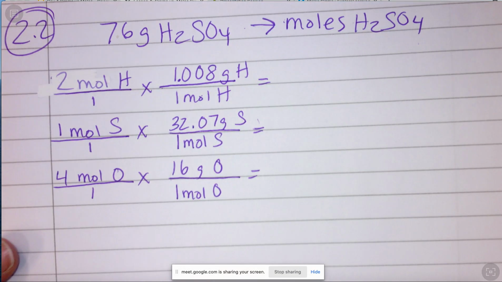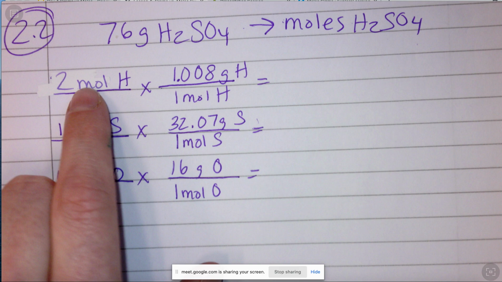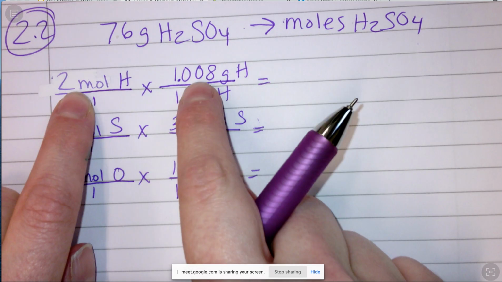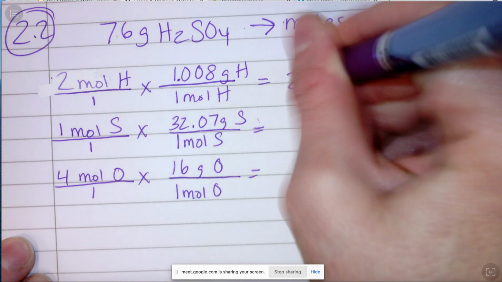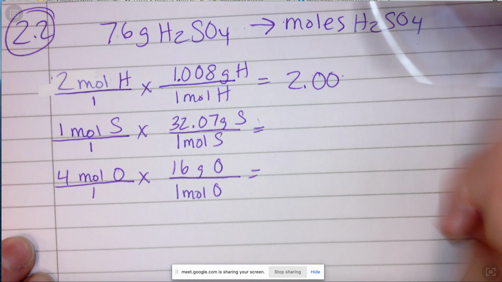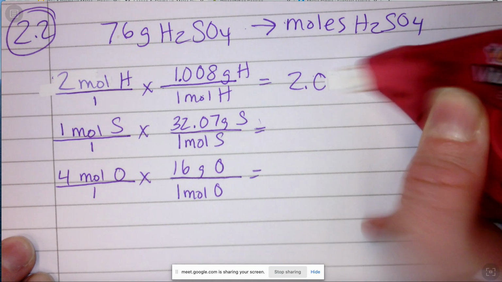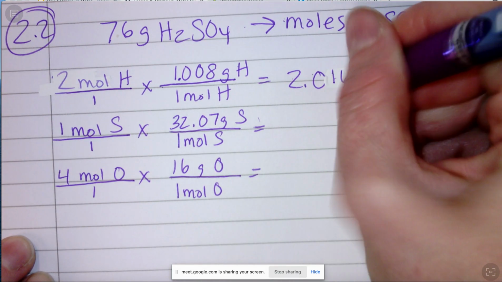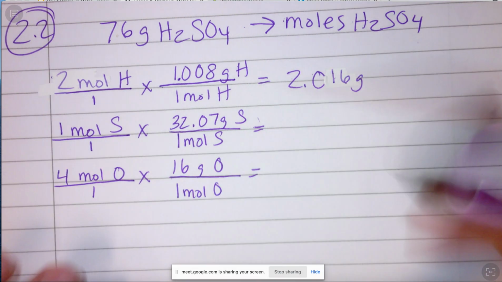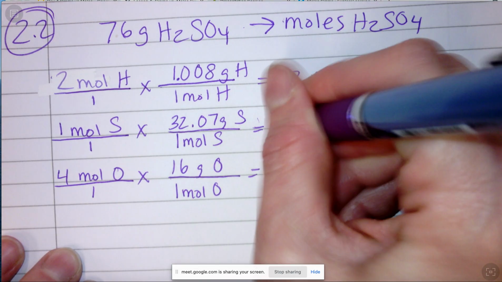And then I'm just going to multiply all these out. So 2 times 1.008 divided by 1. Oops, I'm writing this down wrong again. 1 times 32.07.